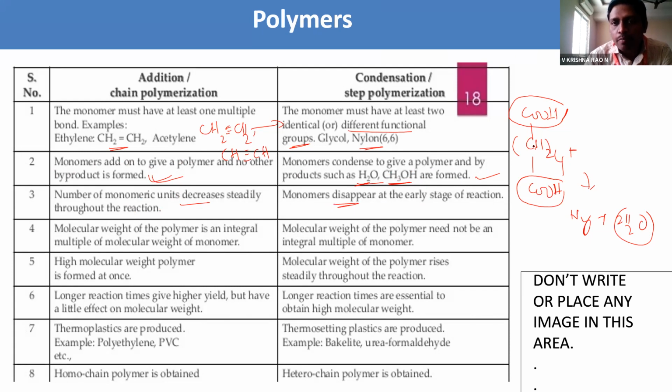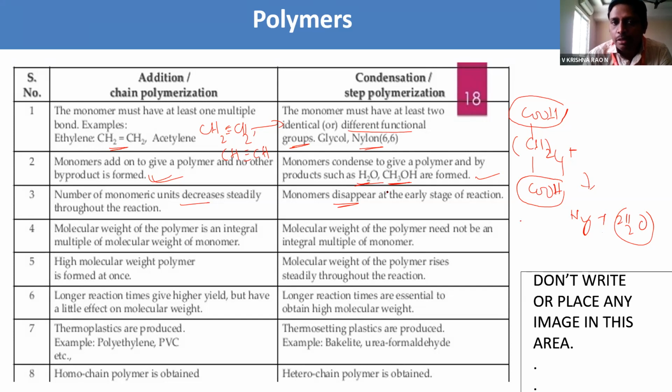We take monomers like adipic acid and hexamethylene diamine, and the product we get is nylon 66. The monomers disappear at the initial stage of the reaction itself.